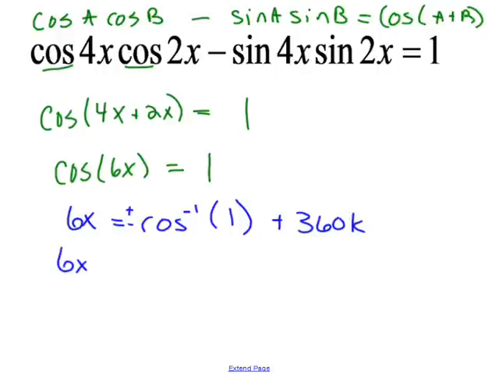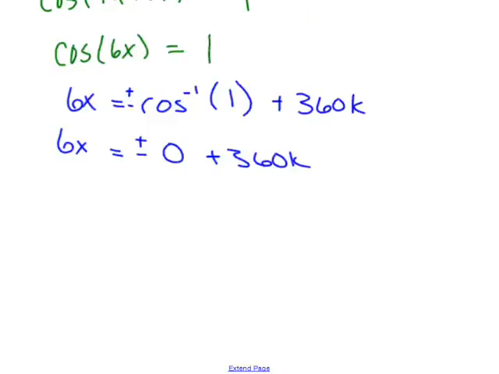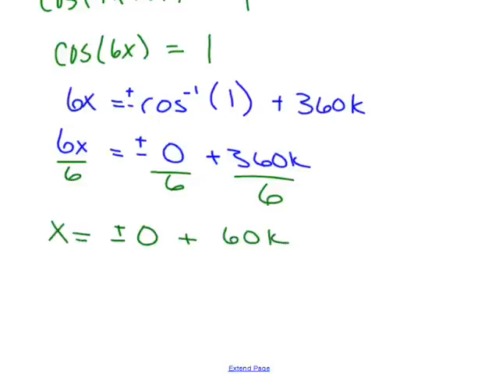So hopefully you're saying to yourself, cosine is 1 when theta is 0, so this is plus or minus 0 plus 360k. And then we divide everything by 6. And we have x equals plus or minus 0 plus 60k.